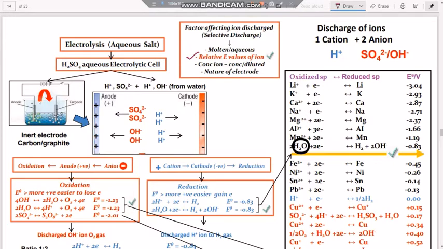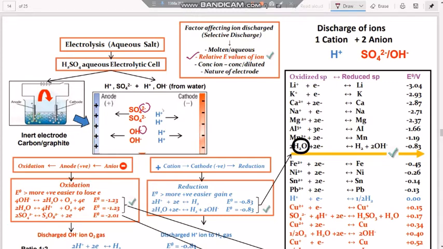Here we have inert electrodes, anode and cathode. The left side is the anode and the right side is the cathode. The sulfate ions, because of their negative charge, will move towards the oppositely charged anode, and hydroxide ions will also move towards the anode, as they are also negative.